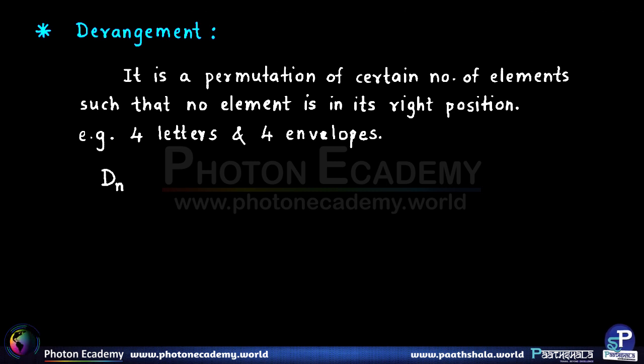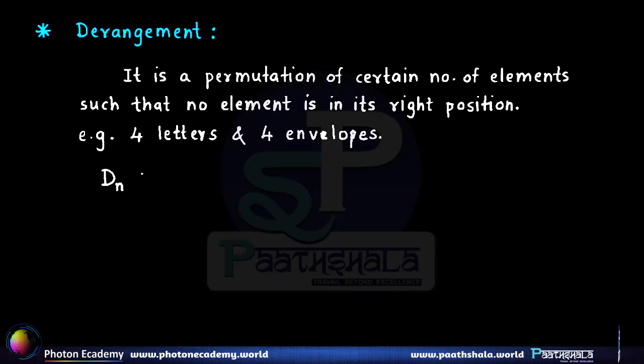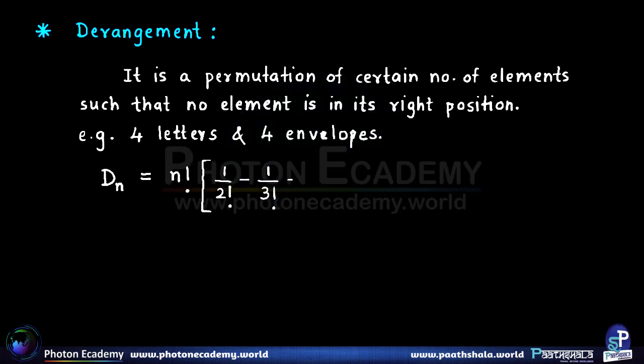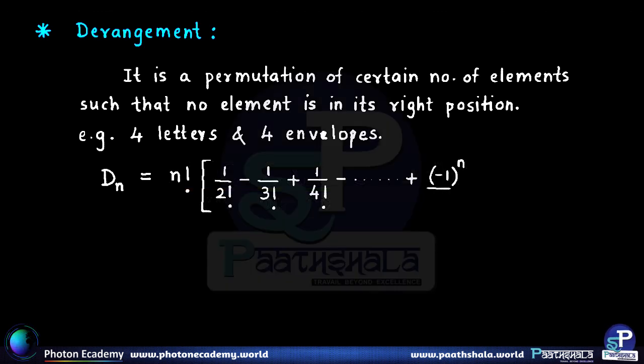This is the symbol for derangements, and it is given by n factorial into the bracket 1 upon 2 factorial minus 1 upon 3 factorial plus 1 upon 4 factorial and so on up to minus 1 raised to n whole upon n factorial.